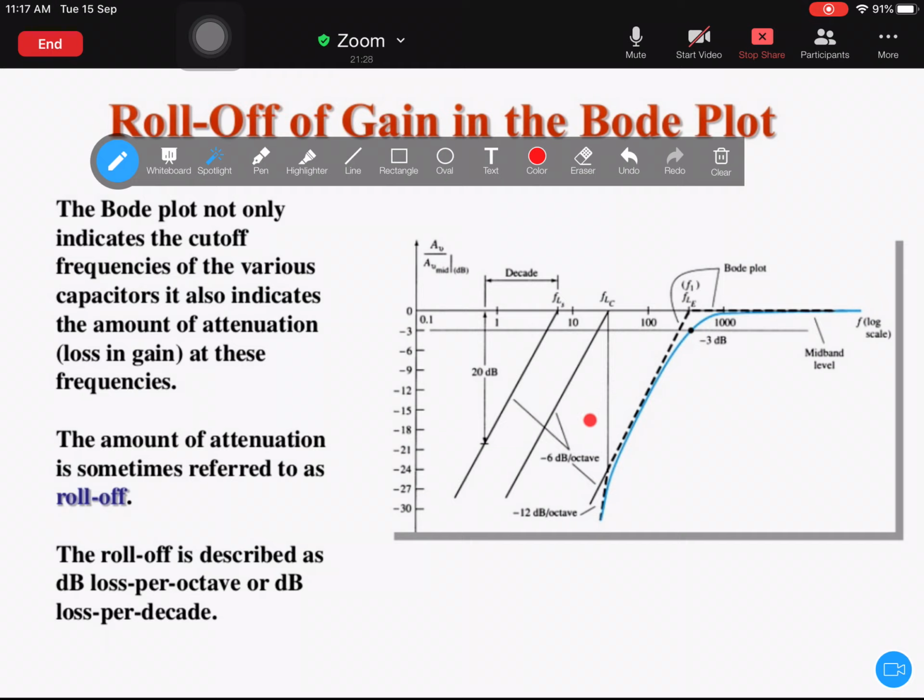Here he has only taken the FL value. Below the FL value, how it has fallen, he has determined here. At this point he determined the slope, which is 6 decibels per octave. How much is it falling? For 1 octave it is falling 6 decibels.